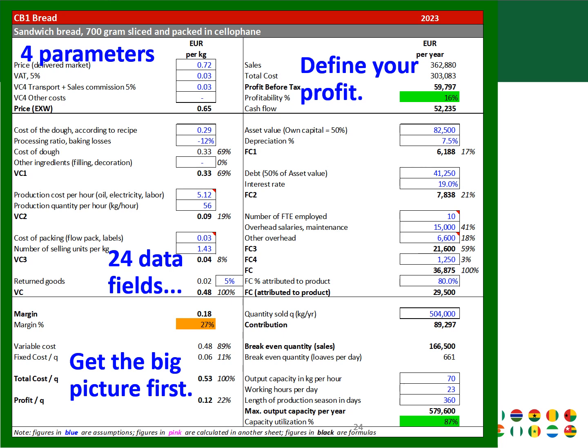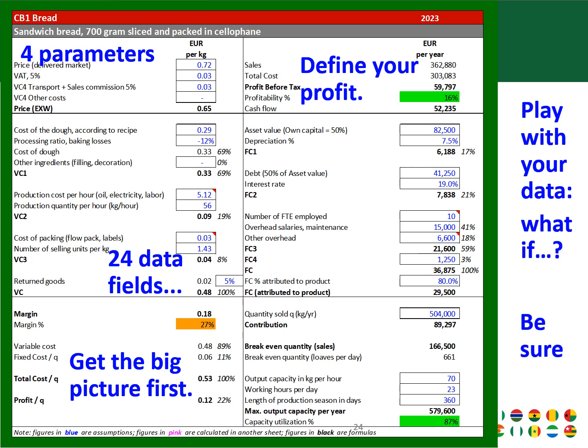We want you to play with your data, carry out what-if analysis, and be sure of what you present. That is as sure as possible when predicting the future.